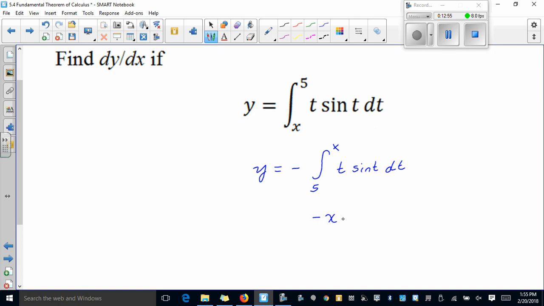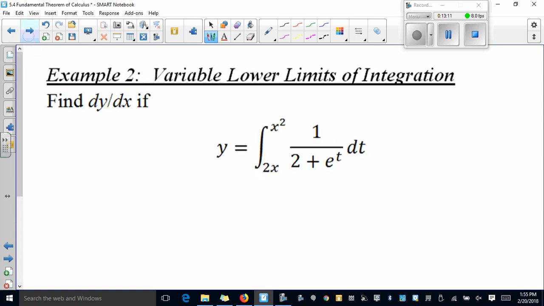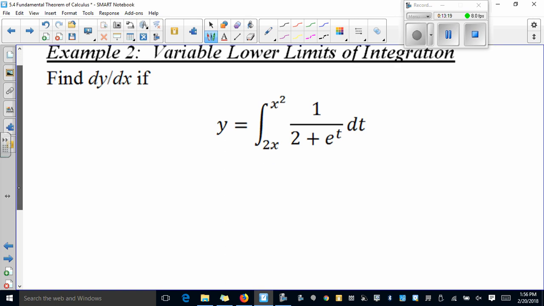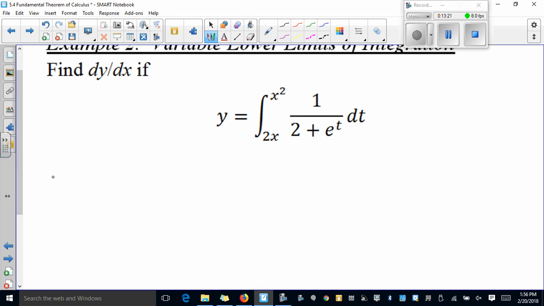Okay, now notice that we got more going on here, and we can't do this one the way we've done before, so we have to separate them. So we're going to just rewrite it as 0 to x squared of 1 over 2 plus e to the t dt, plus 0 to 2x.